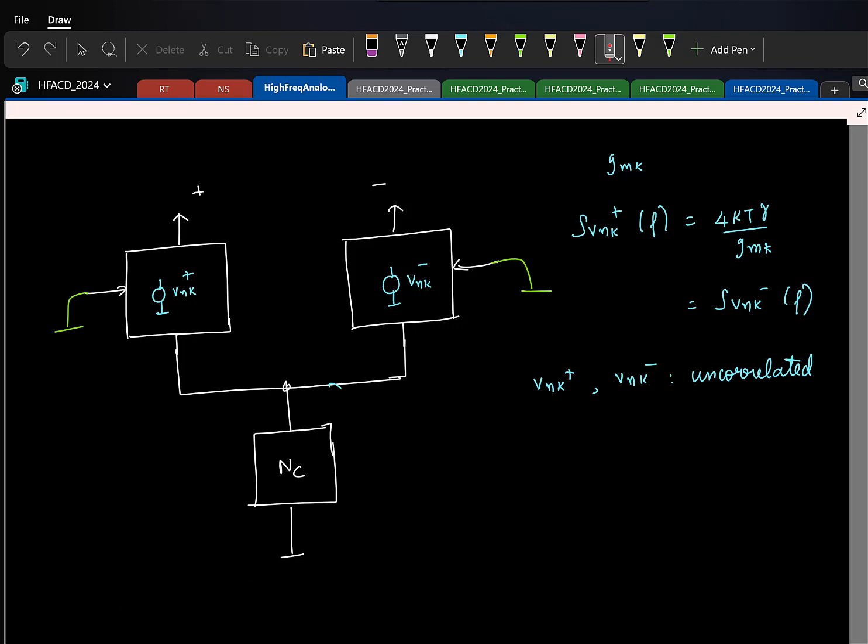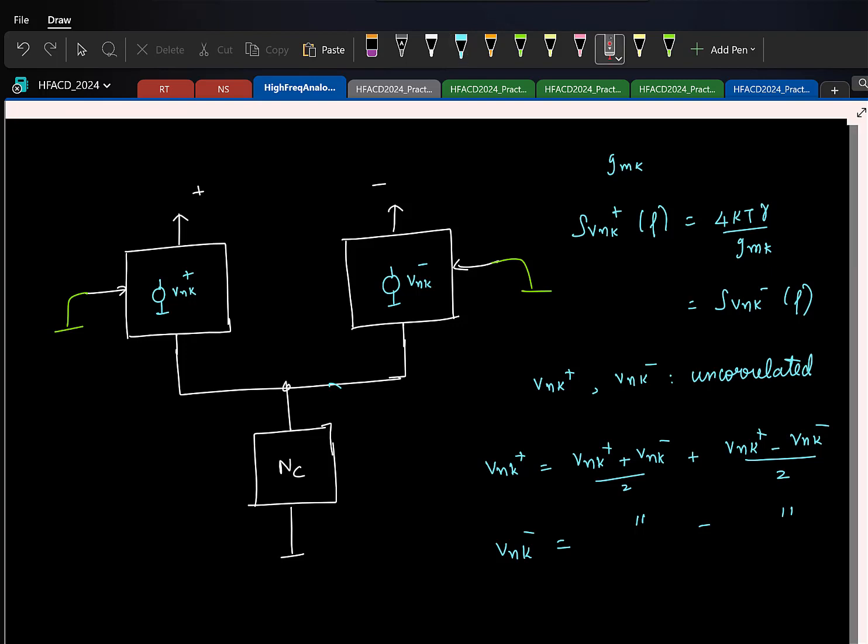So you decompose them as common mode and differential portions. That means VNK plus, I can write it as the common mode plus half the differential. Similarly, the negative is the common mode minus half the differential, right?